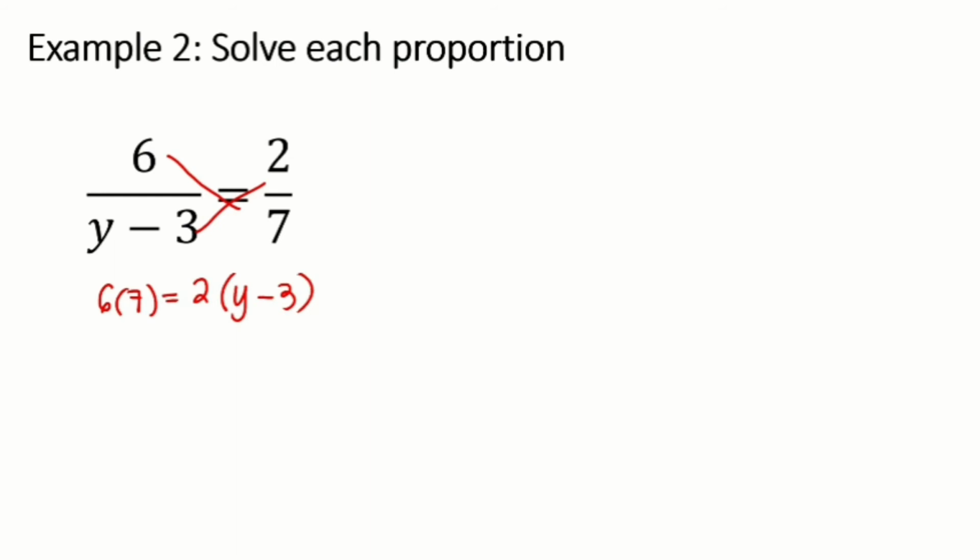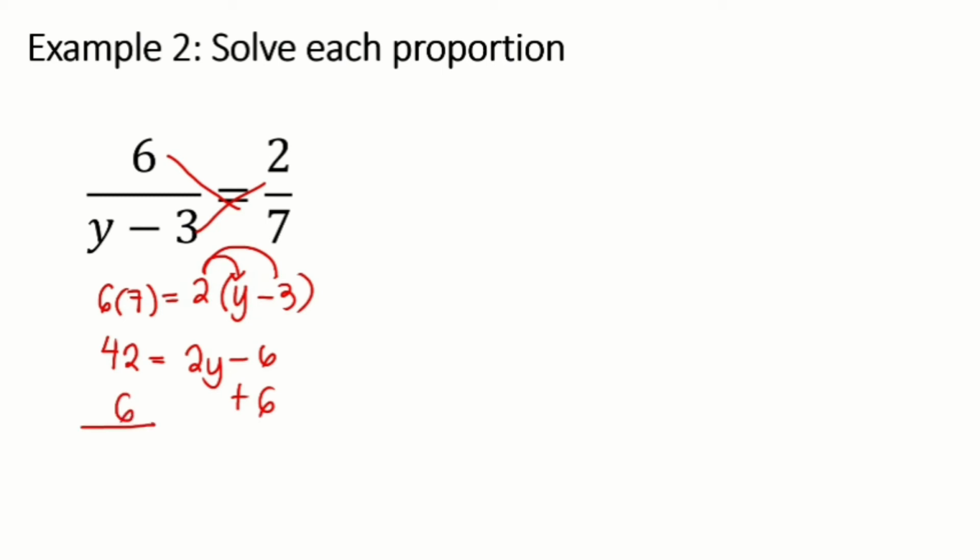Next, we eliminate the parentheses. 6 times 7, the answer is 42, equals 2 times y. We apply the distributive property. This is 2y, and 2 times negative 3 is negative 6. Next, we add positive 6 to both sides of the equation.